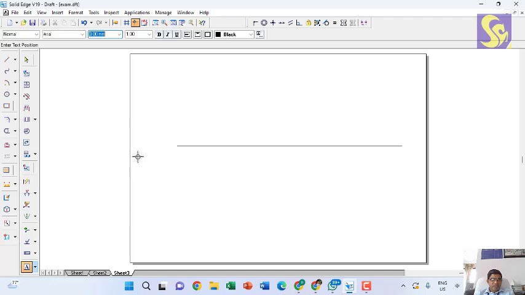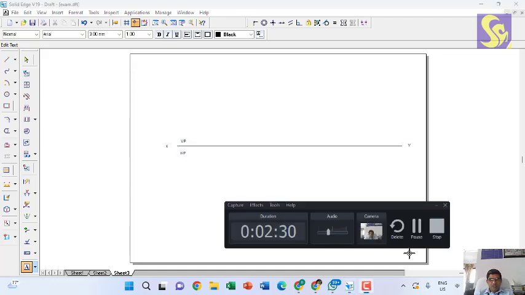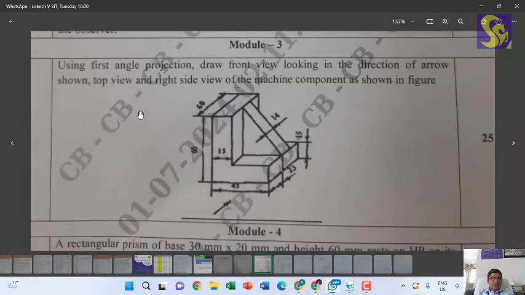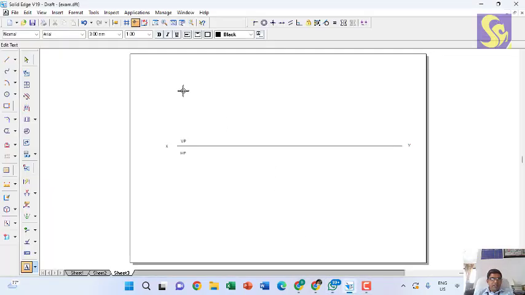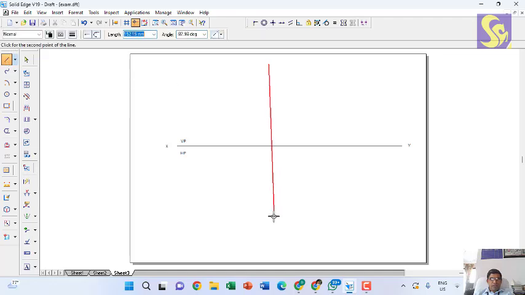So this is my XY line. This is my VP and HP. Since the right side view is asked, I'll have to draw the left profile plane. So that means I'll have an X1 Y1 line to be drawn like this.